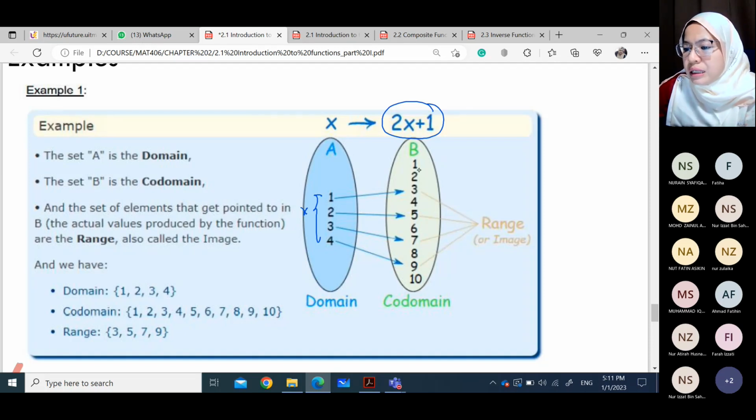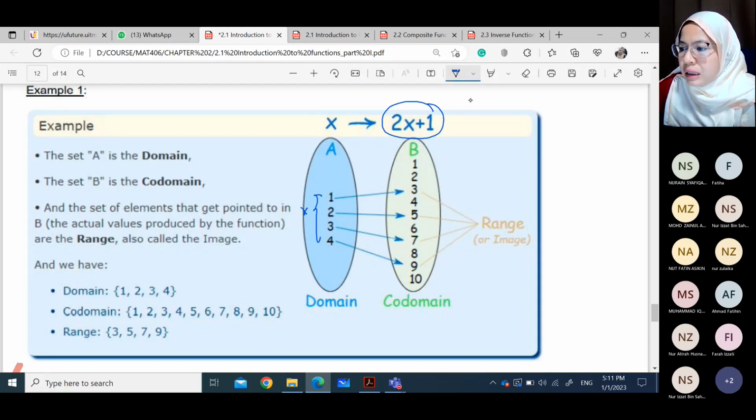In a codomain, it is about 1, 2, 3 until 10. Okay. Tapi tak semuanya codomain itu adalah range ataupun image. Ia bergantung kepada relation. Okay. Alright. So based on this example, we identified that the object in A is 1, 2, 3, 4 and then it is mapped to 3, 1, 2, 1, 2, 3. So mana kita dapat range ni? Daripada sinilah.